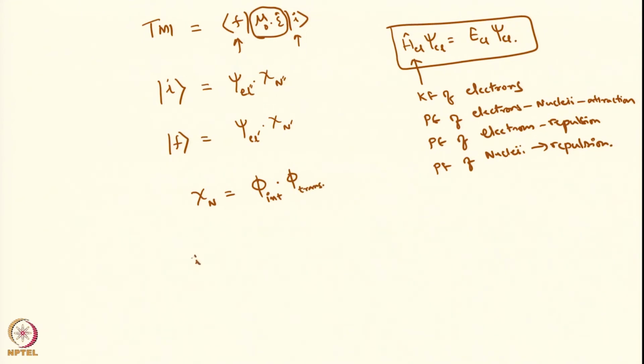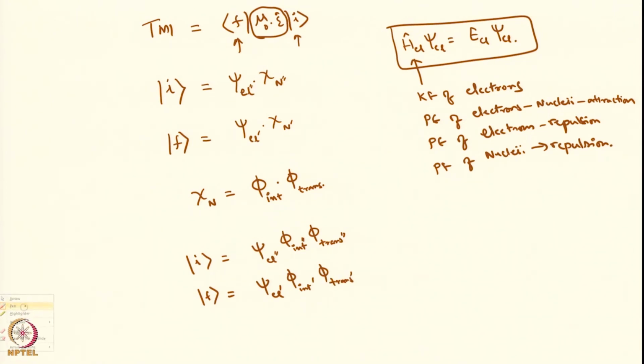So, your I will now become psi electronic into phi internal into phi translation, and your F will be equal to psi electronic, phi internal, phi translation.